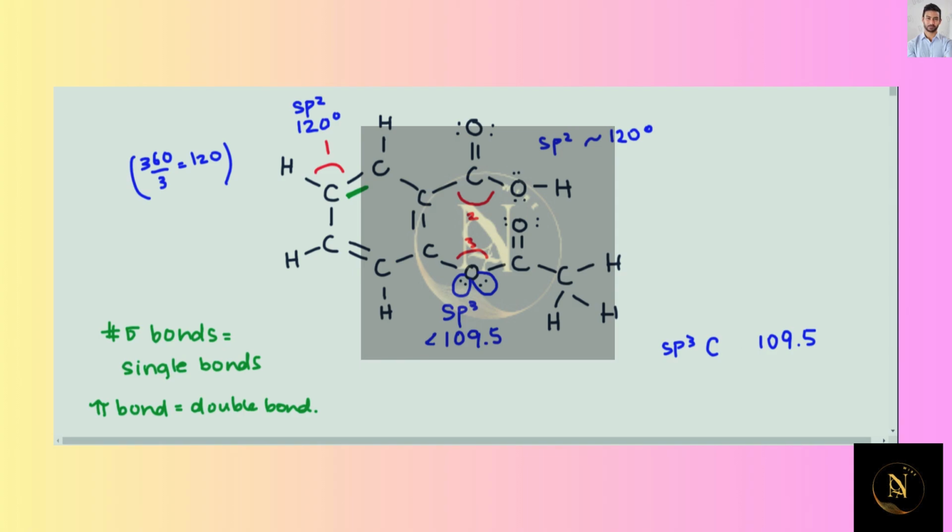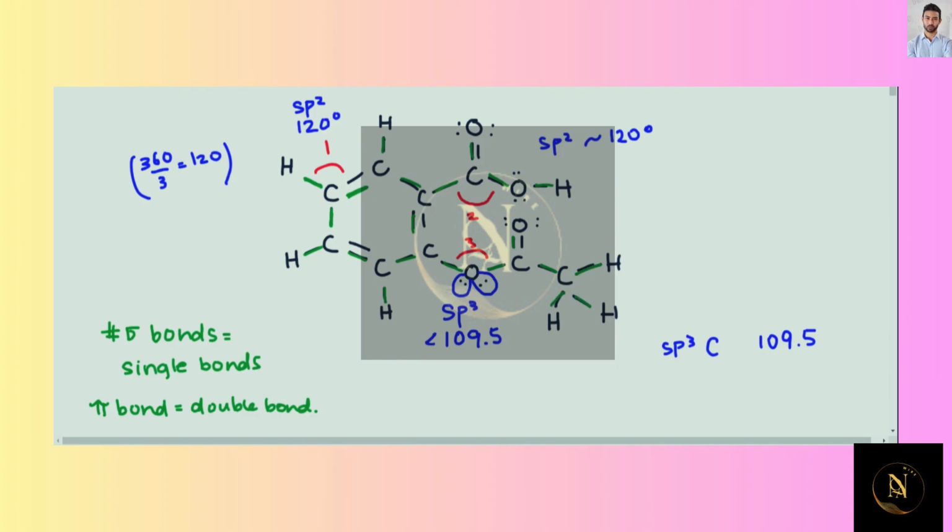So if we go through, we can count the number of sigma bonds that we have. So we have 1, 2, 3, 4, 5, 6, 7, 8, 9, 10, 11, 12, 13, 14, 15, 16, 17, 18, 19, 20, and 21.